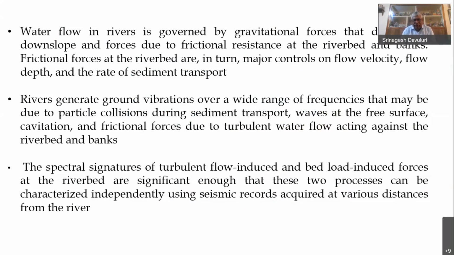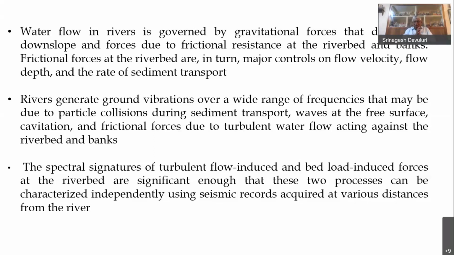So water flow in rivers is governed by the slope and the gravitational forces which drive the water downslope, and also the forces due to the frictional resistance at the riverbed. So that also inhibits the flow and cuts down the velocity, as well as the banks.